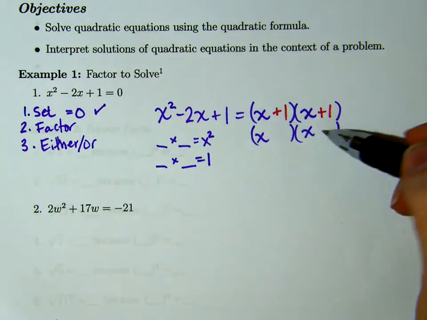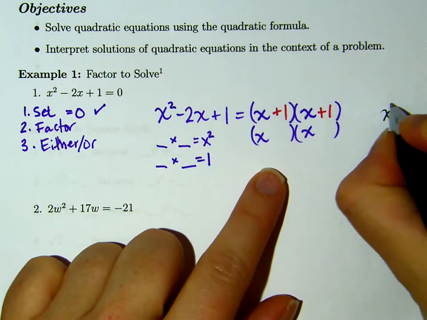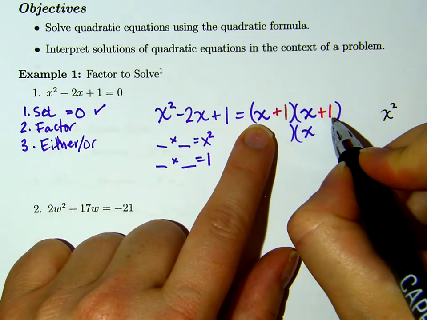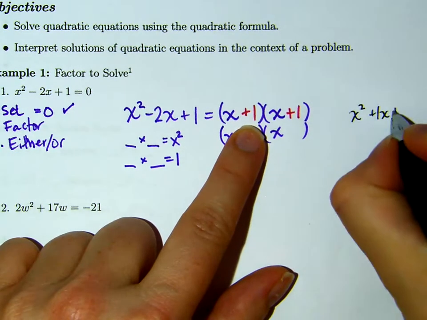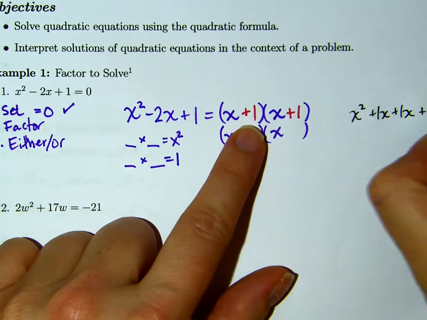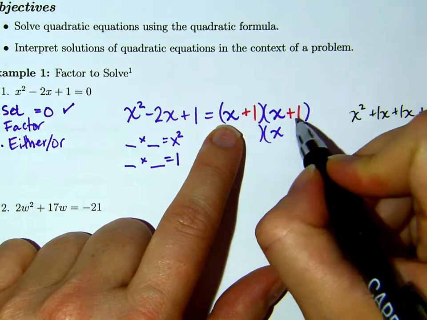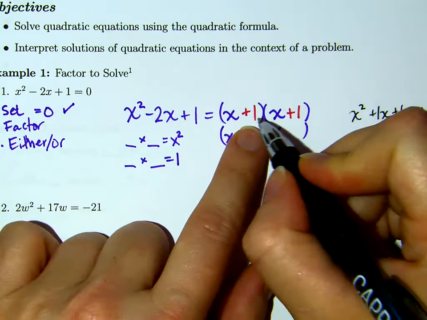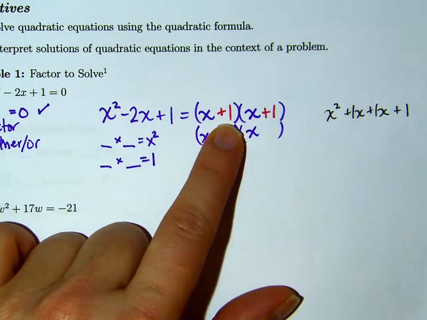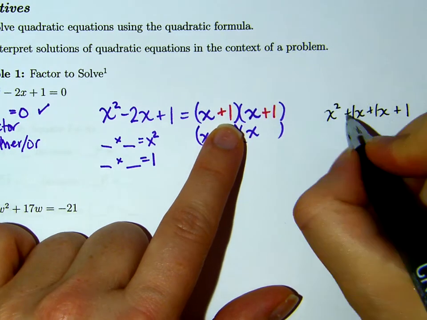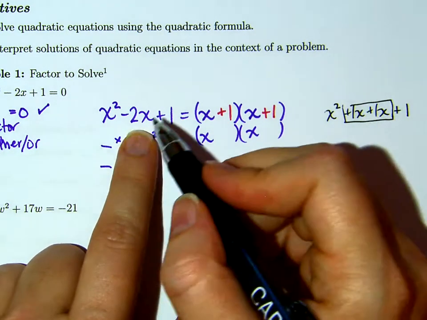But when I multiply this out, so when I actually check this, I see x squared plus 1x plus 1x, and 1 by 1 is 1. But notice this is plus 2 x's, and we need minus.